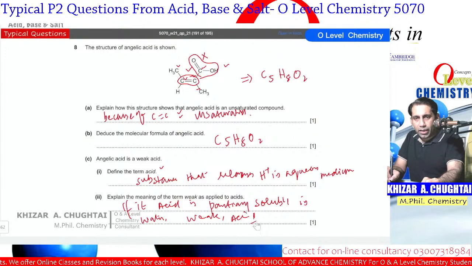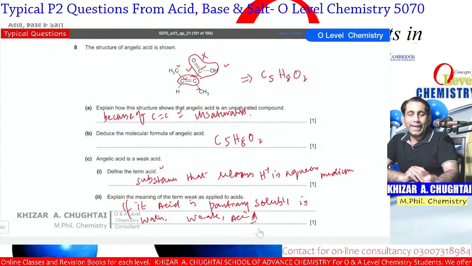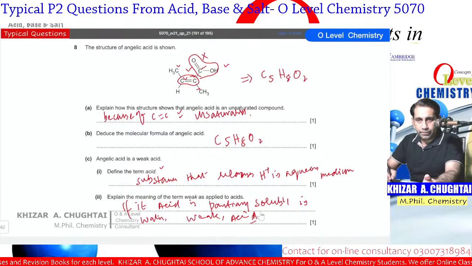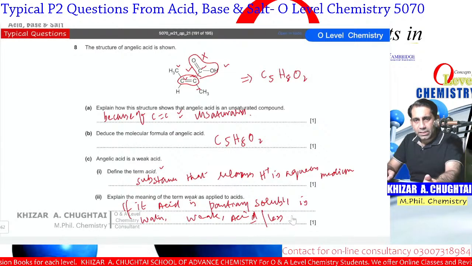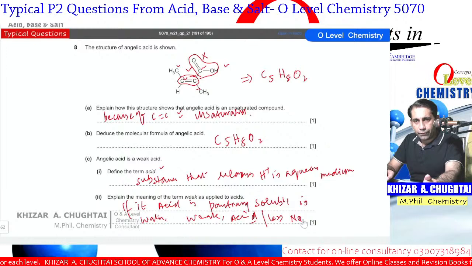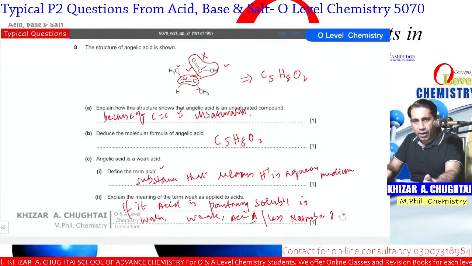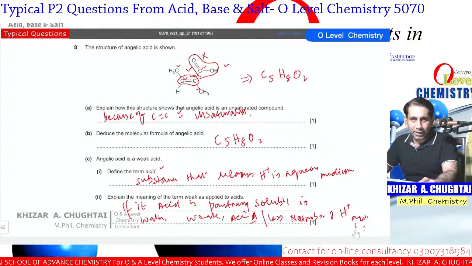It is going to lose a smaller number of H positive ions, a less quantity of H positive ions into the aqueous medium, then it is said to be a weak acid, and so on.